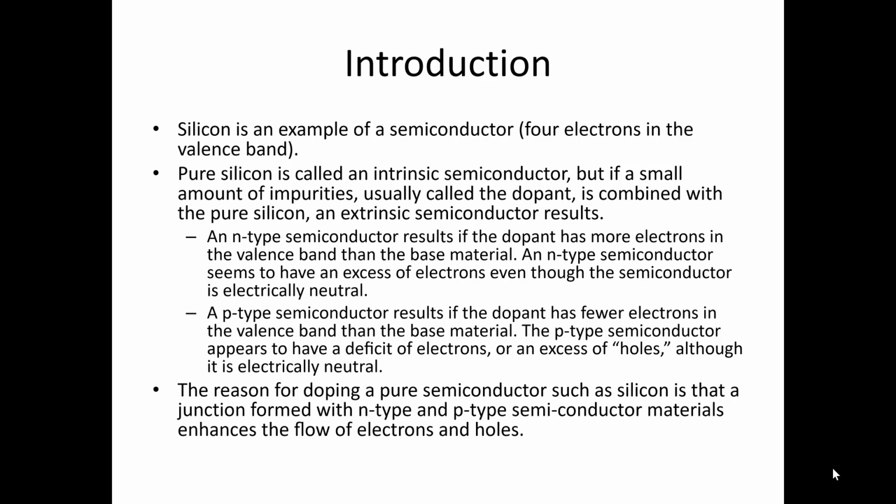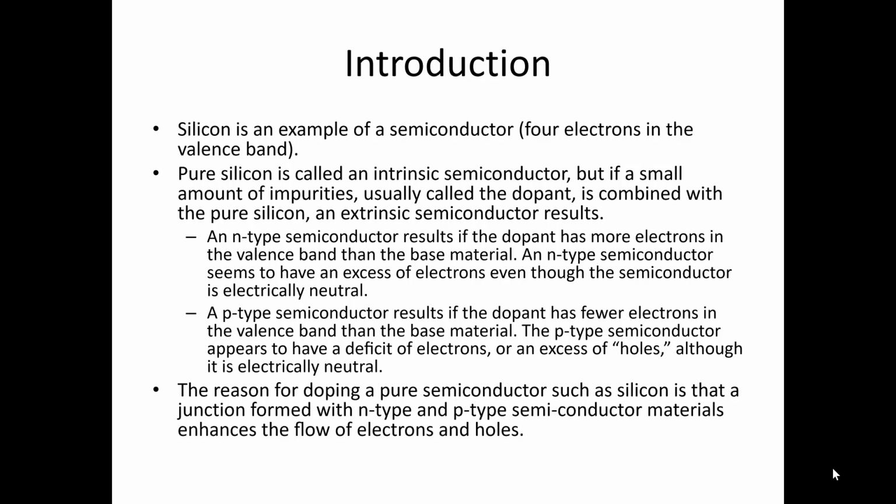You have 2 types. An N-type semiconductor results if the dopant has more electrons in the valence band than the base material. An N-type semiconductor seems to have an excess of electrons, even though the semiconductor is electrically neutral. Then there's the P-type semiconductor, which results if the dopant has fewer electrons in the valence band than the base material.